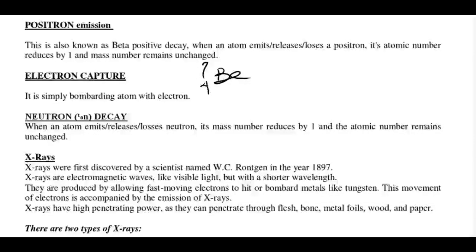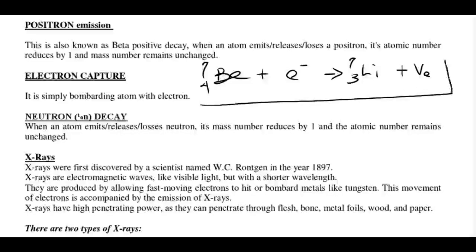This is 7, this is 4, plus electron. It will give us lithium 7, 3 plus Ve. So this is the initial nucleus, beryllium 7, and this is an electron captured in the inner shell. Then the final nucleus is lithium, and we have a byproduct, neutrino. So this is a typical example of electron capture.